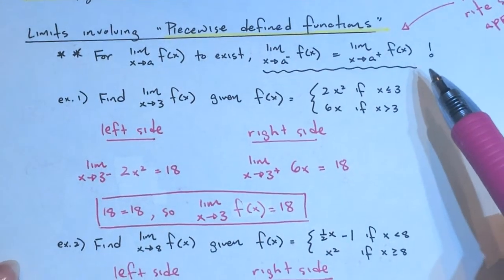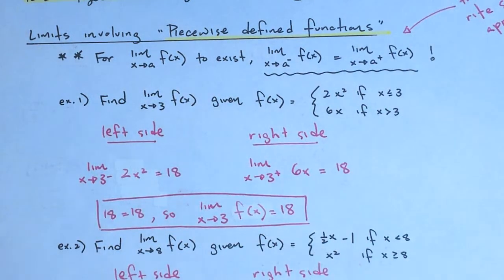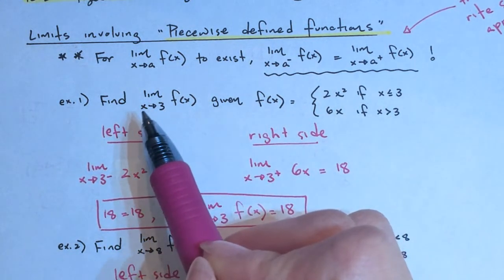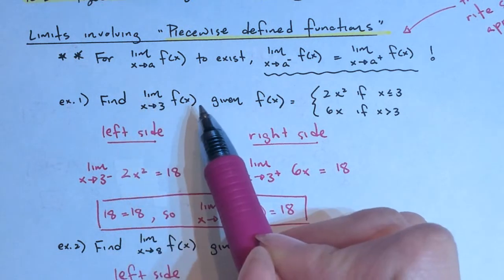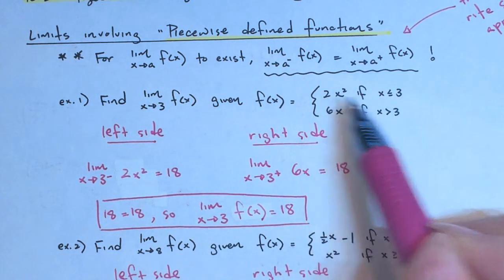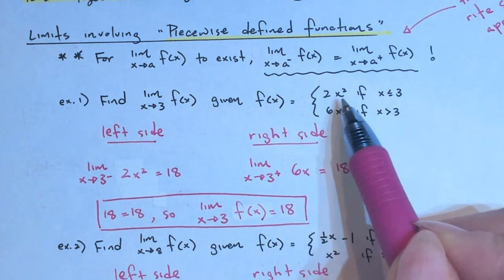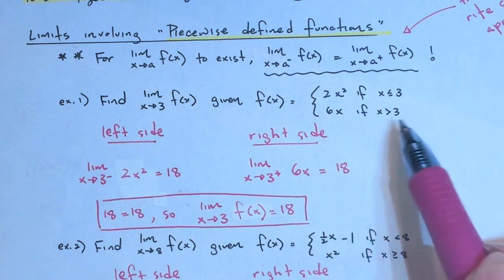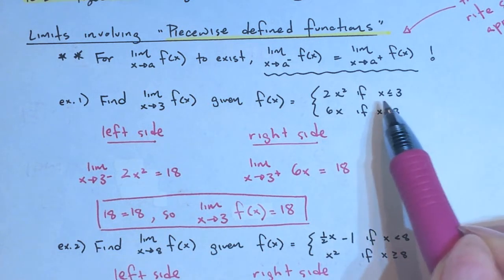And then I show you that right here. Even if you don't draw the piecewise function, you should be able to get the answer by finding the left limit and the right limit. As x goes to 3, the limit of f of x: for the left side, I would plug the 3 into here, and for the right limit, I would plug the 3 into here. This is to the right of 3, this is to the left of 3.